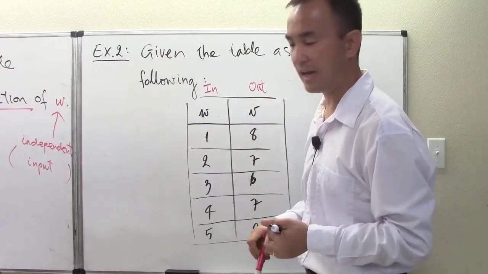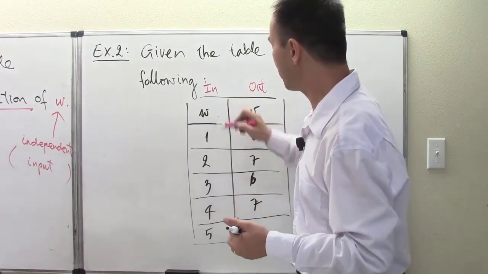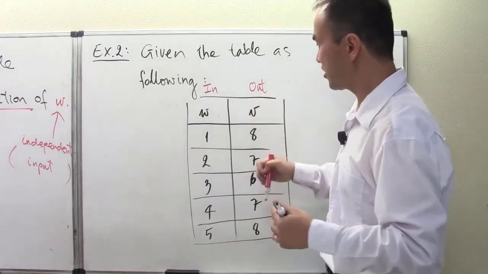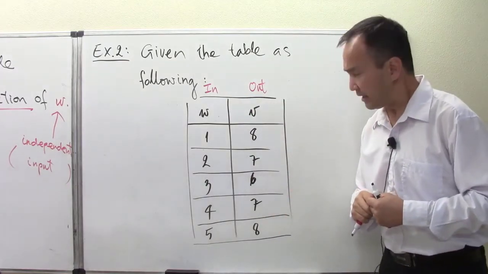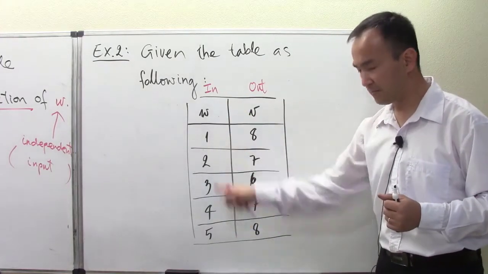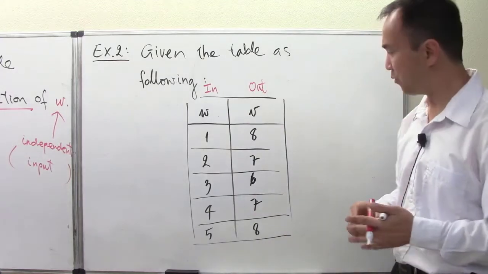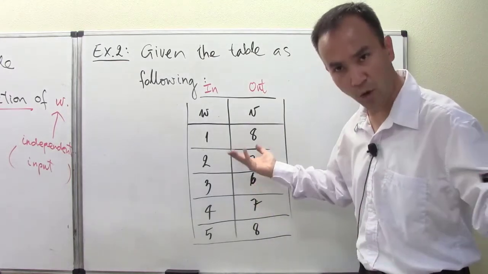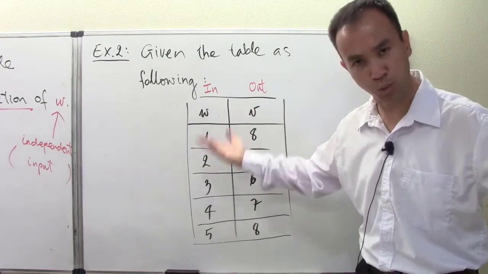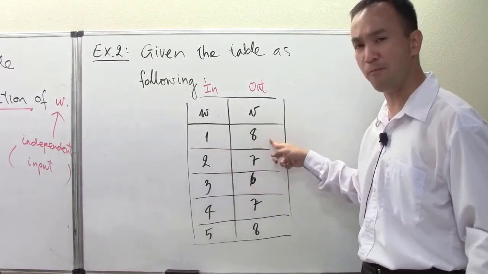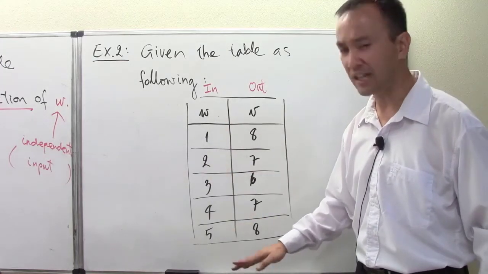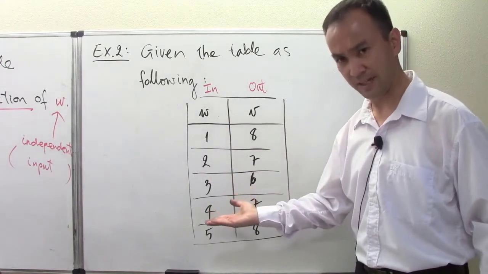So if this is the input and this is the output, and allow me to be a little bit improvised, a little bit sketchy right here, I just mean input and output. If we want that column to be all the inputs, then once again there has to be a rule. Knowing what formula, what mathematical expression brings this input to that output, we don't have to see that. It's not important.